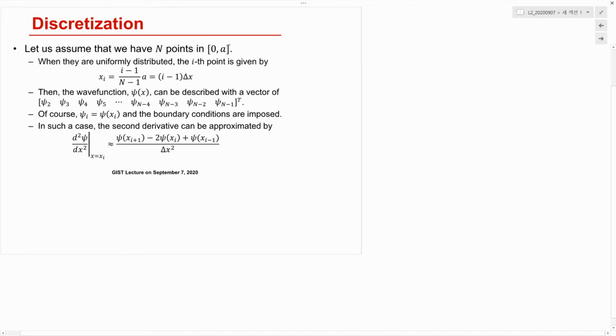Discretization: originally we have to work on the continuous domain. For example, in our original problem, the domain is just larger than 0 and smaller than a. At every position inside this range, we have to satisfy our eigenvalue problem.